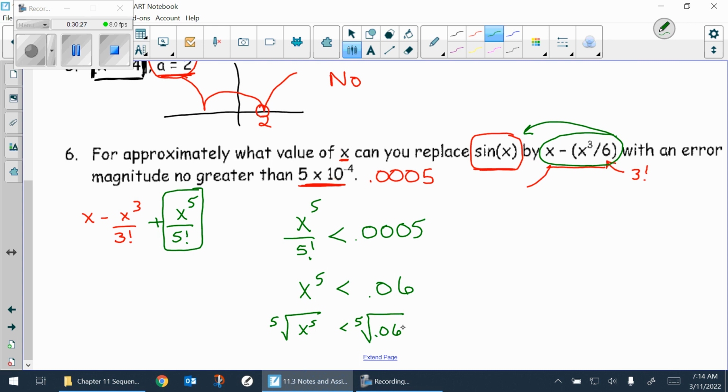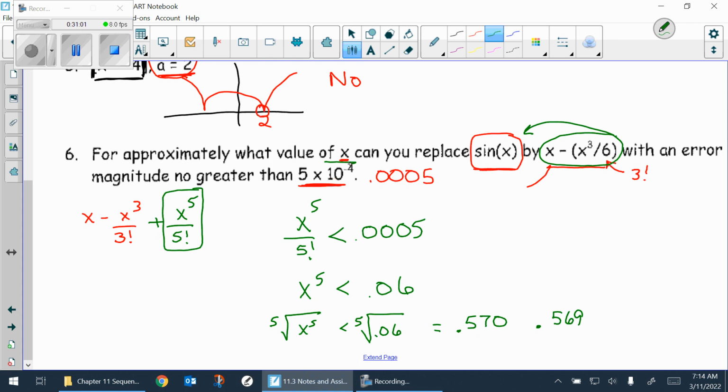So when we do that, I get 0.570-ish. Or if I had truncated, 0.569. And so that is going to be the value of x.